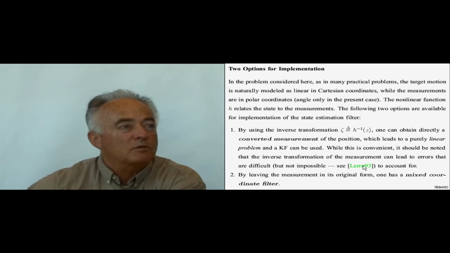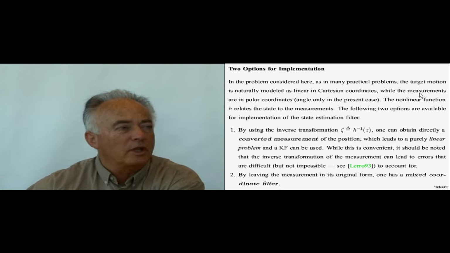Now, when it comes to implementing the filter, we have to consider the following issue. The target motion is naturally modeled as linear in Cartesian coordinates. The measurements are obtained in polar coordinates.